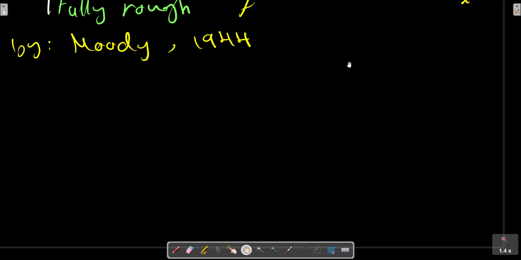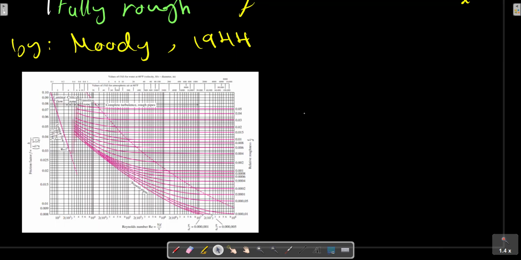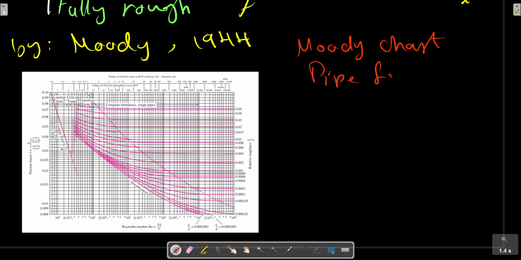Let me provide a picture here, which is called the Moody chart for pipe friction.